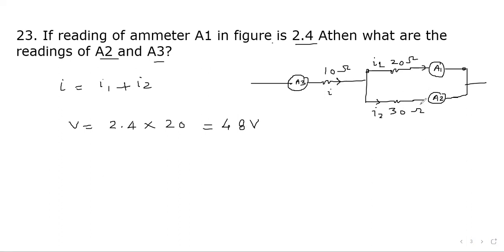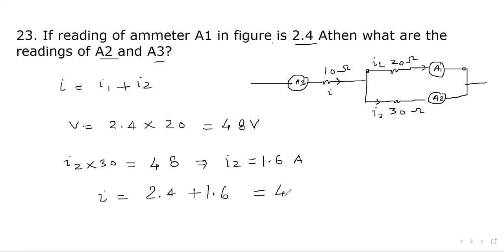Since the 30 ohm resistor is also parallel to the 20 ohm resistor, the same voltage will appear across it. So we can say I2 into 30 is equal to 48, from where we get I2 equal to 1.6 ampere. Since I is the sum of I1 and I2, I will be the reading of A3 and I2 will be the reading of A2. So I equal to 2.4 plus 1.6, that is 4 ampere.